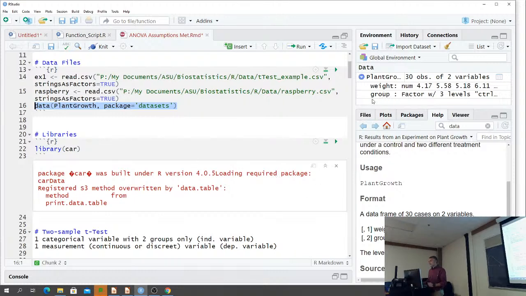Did it work? It says datasets not found. Oh no. Did you capitalize it? Did you put it in quotes? Yeah. Oh, packages. Package. Try that. There you go. Did you get the environment? Did yours pop up in the environment?